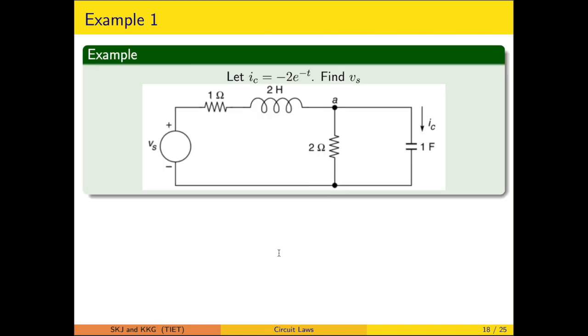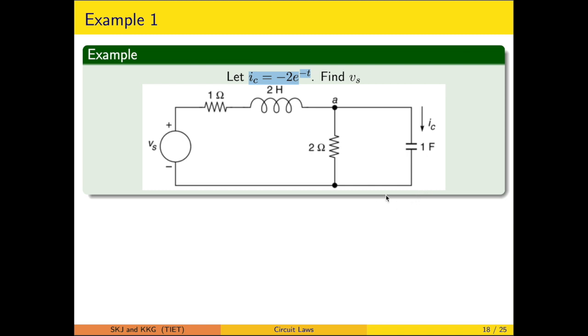Now this particular one is an example where we will be using both KCL and KVL. Here we have to find Vs, the supply voltage, and the capacitor current is given. Corresponding to this capacitor, you can calculate the voltage first. The capacitor voltage is to be calculated, and we will be using the relationship Vc is equal to 1 upon C integral of Ic dt.